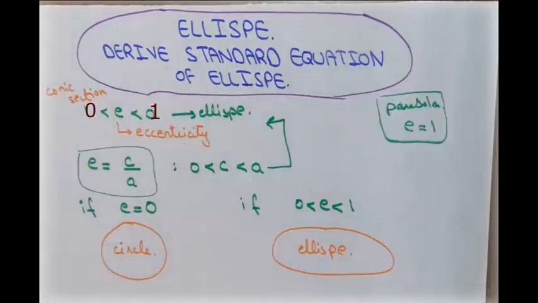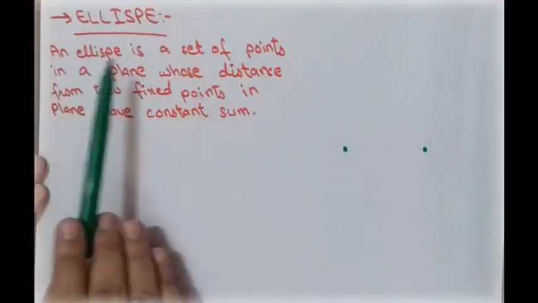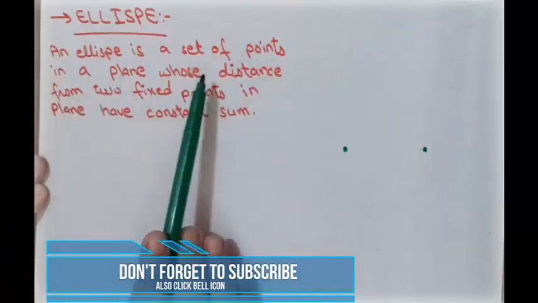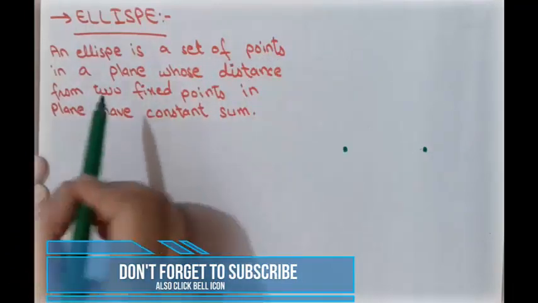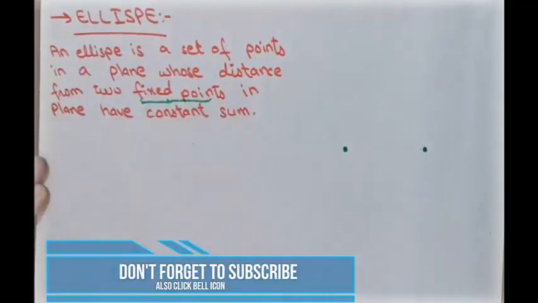So now move to our main topic, which is the ellipse. Definition of the ellipse: an ellipse is a set of points in a plane whose distances from two fixed points in the plane have a constant sum.